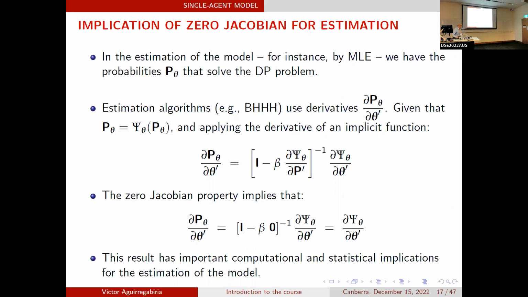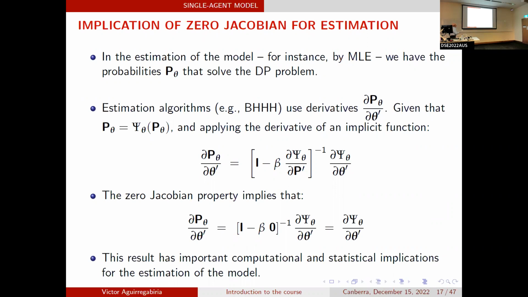Remember that P theta is a fixed point of the mapping psi, so this fixed point condition applies. Then we can apply the implicit function theorem, the derivative of an implicit function, to obtain the expression of the derivative of this vector of choice probabilities with respect to theta as a function of the Jacobians of the policy iteration mapping.